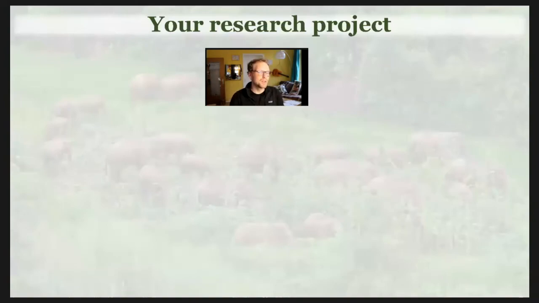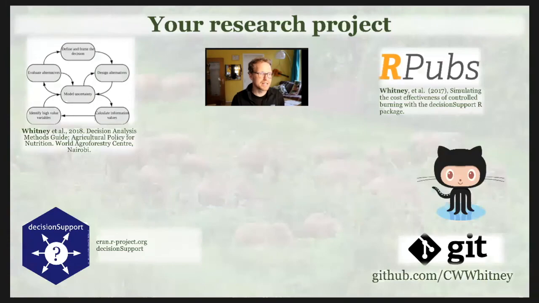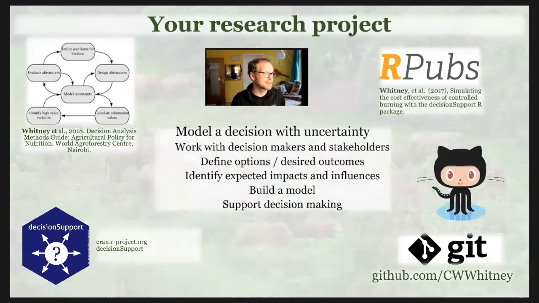So in the rest of this semester, you'll be responsible for building your model. You'll be integrating these ideas and trying to take the big picture, trying to get inspiration from these methods. Basically you're going to build a decision model and include uncertainty in that model. You're going to work with decision makers and define desired outcomes.